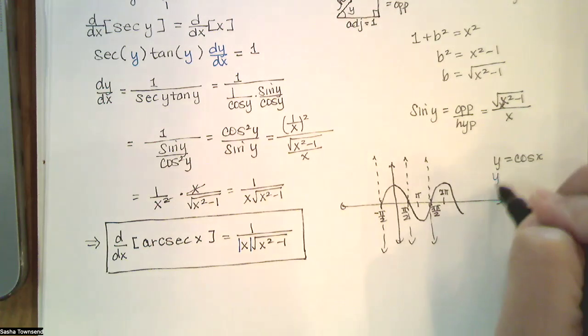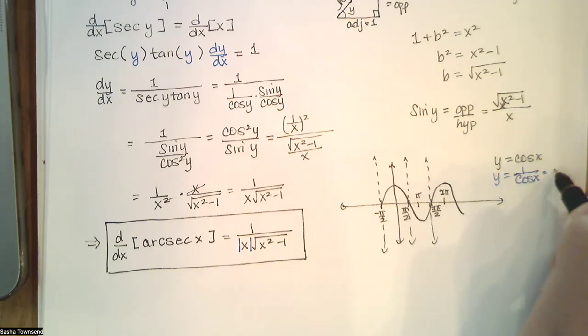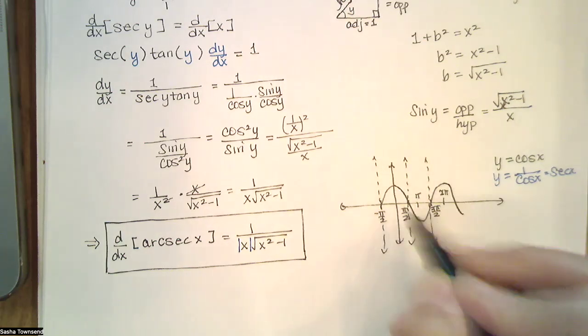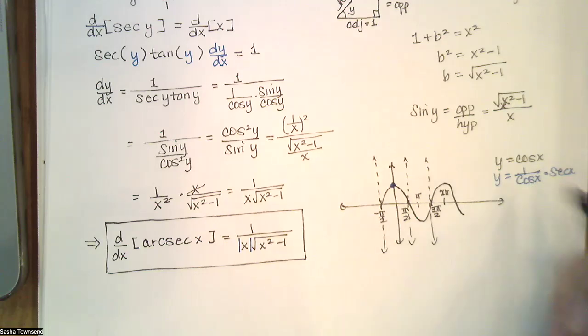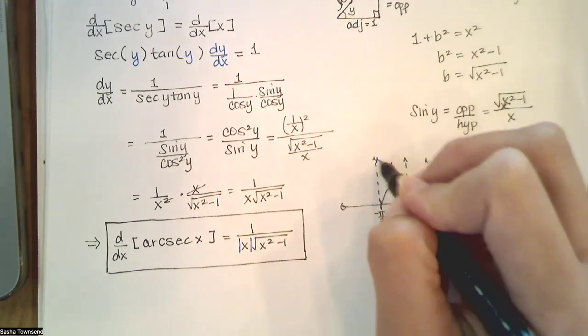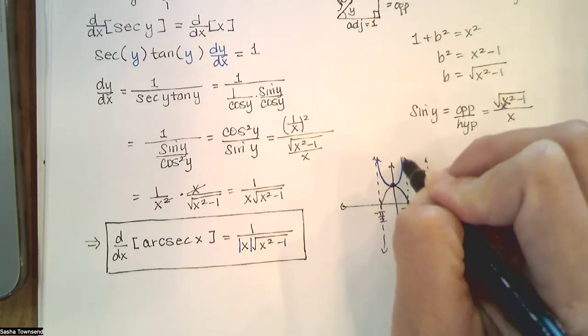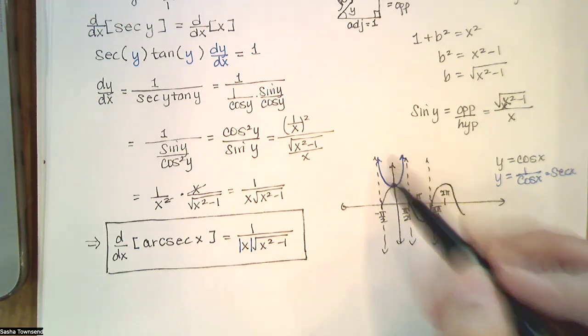Secant is 1 over cosine of x. So when x is 0, it's 1 divided by cosine of 0, which is 1. 1 divided by 1 is 1. And then when we're dividing by a tiny positive number, we get a large positive number.